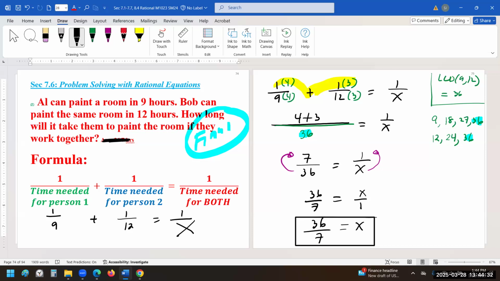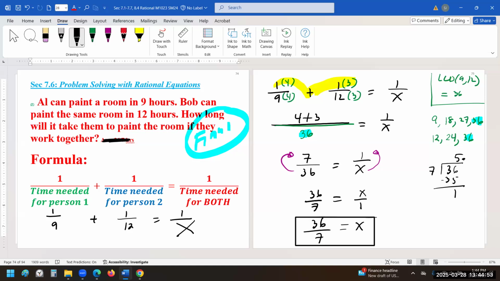And you are done. But you don't know what 36 over 7 is, right? So you have no idea how long it takes. So let's do division and see actually how long it takes. 7 goes into 36 how many times? 5. 5 times 7 is 35. We subtract, we get 1.